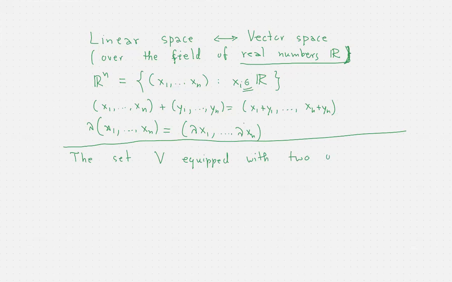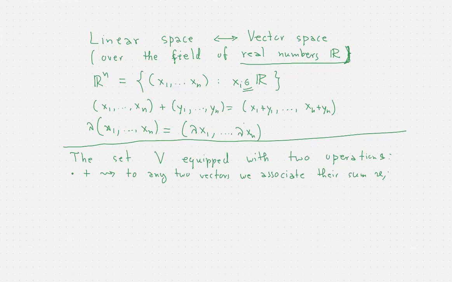The first one is addition. In other words, to any two vectors we associate their sum. So if we have u and v, we associate to them u plus v.